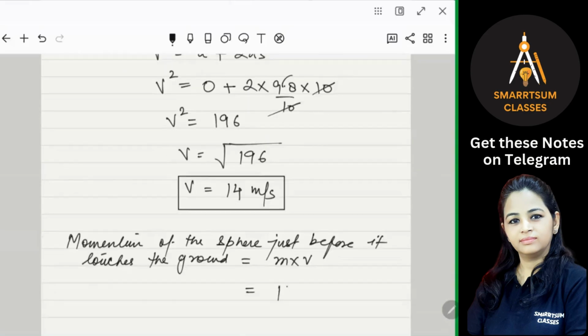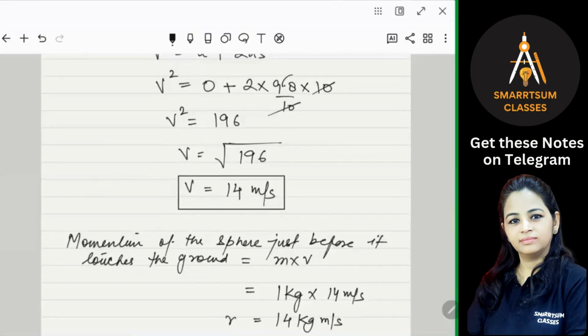So find it out, 1 kg into final velocity 14 meter per second. So it will become 14 kg meter per second. So the momentum P is 14 kg meter per second.